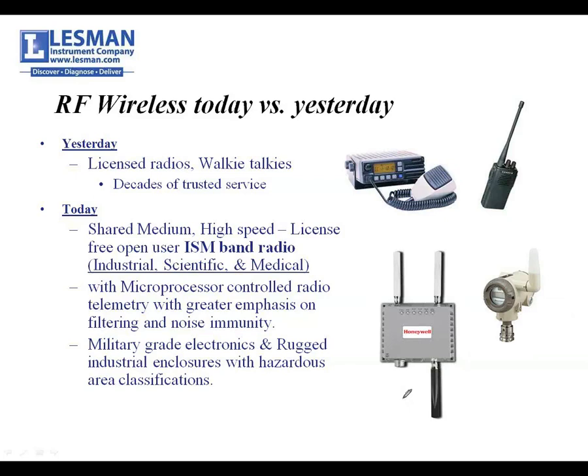Now you'll see that as we go along, there's various pieces of equipment. Some looks very industrial and sturdy, and some of it looks like equipment that you could maybe buy from Best Buy. Please understand as we go along, this is not Best Buy level equipment. Even though some of it is compatible with what you could buy at Best Buy, this is robust industrial equipment designed for a long life and survivability.